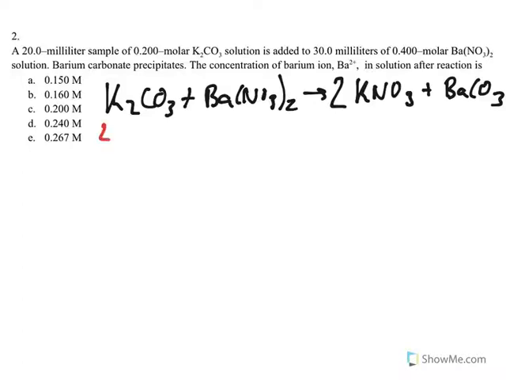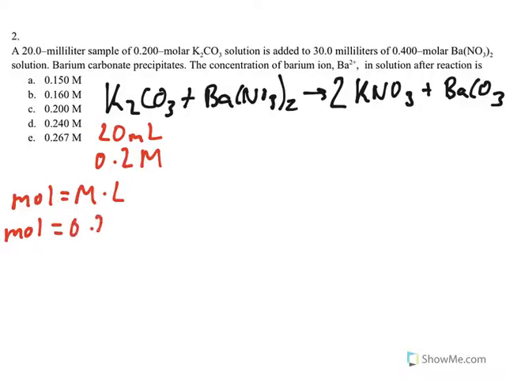You have 20 milliliters of a 0.2 molar solution here. And again, we know that moles equals molarity times liters. So your number of moles of K2CO3 is going to equal 0.2 times 0.02, which turns out to be 0.004 mole of K2CO3 that's available in the solution.